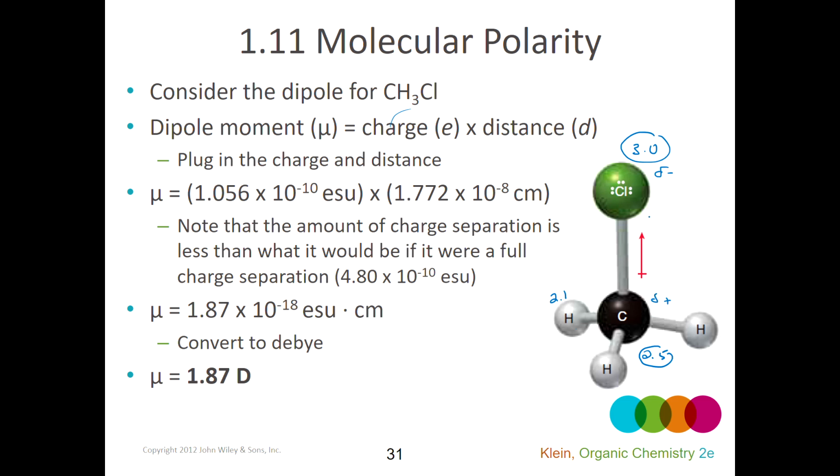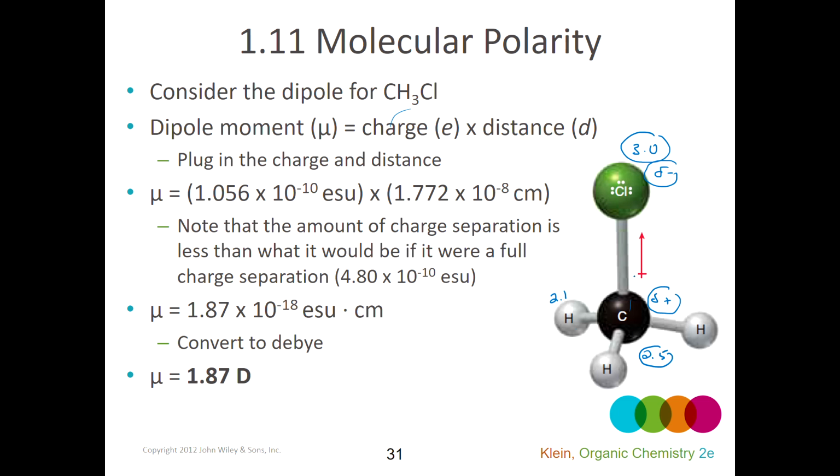That's not the only factor that affects polarity, though. Also, the distance between the partial charges that are created is important. Right? So the longer this bond is, the farther away that negative is from the positive, the greater the dipole.